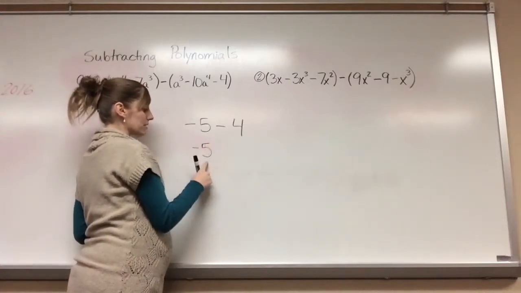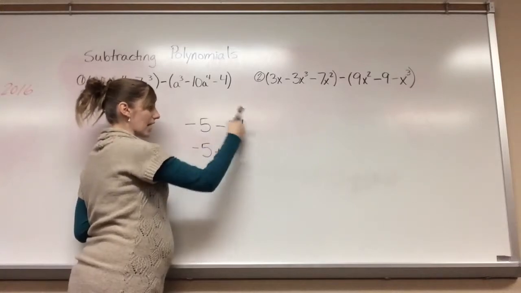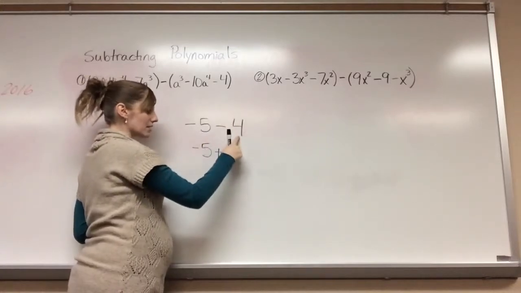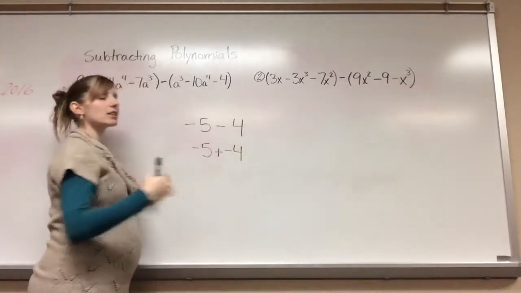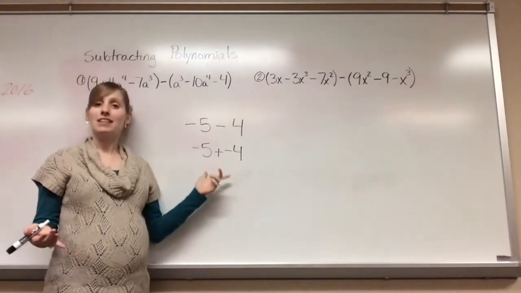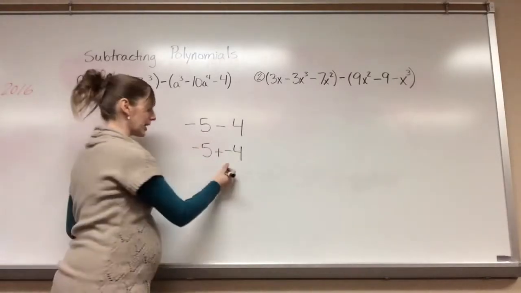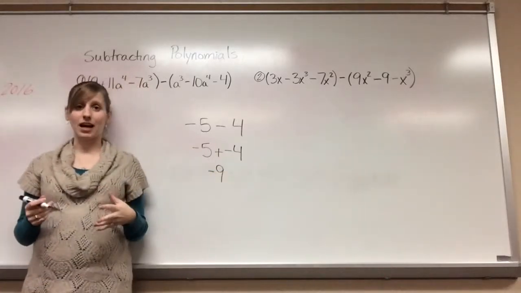The -5 will stay the same, and instead of minus 4, we'll change it to adding the opposite. So instead of subtract +4, we will add -4. Once you change it, it's a much easier problem to work with. -5 plus -4, the signs are the same, so we add them, we get 9. Keep the sign of that bigger number, so it's going to be a -9.